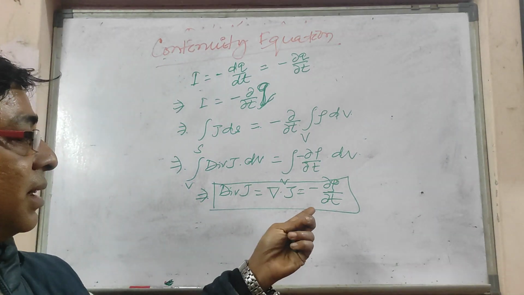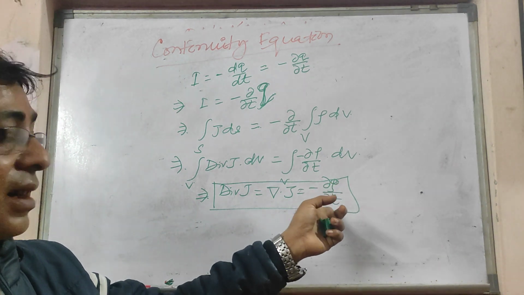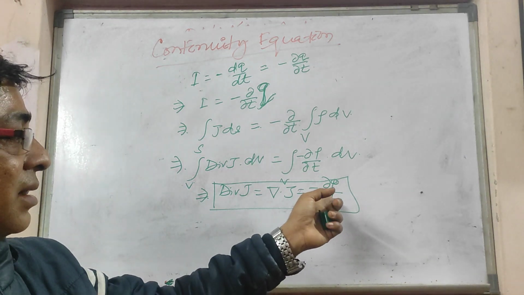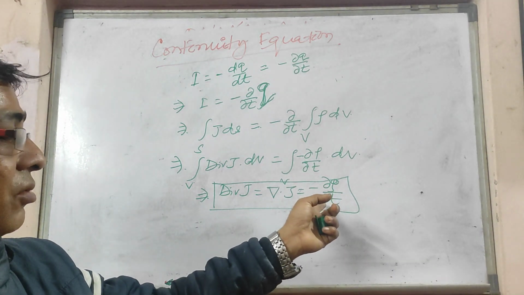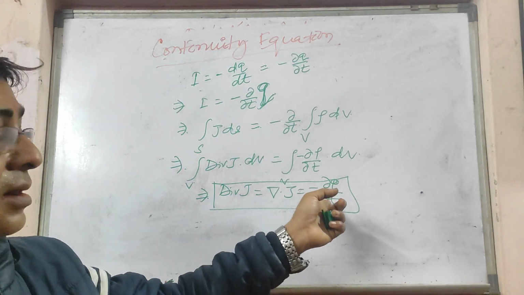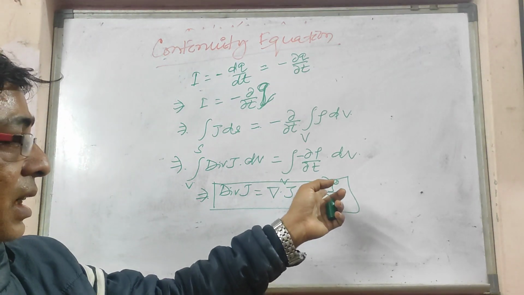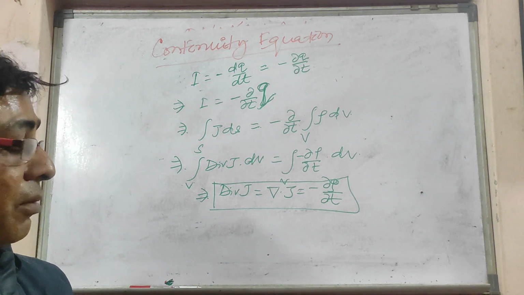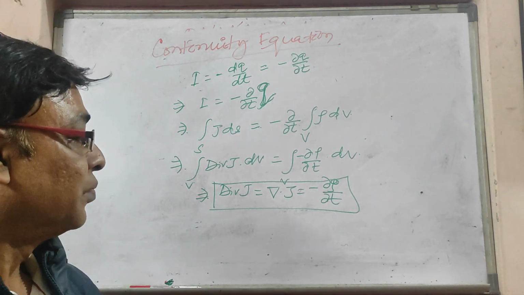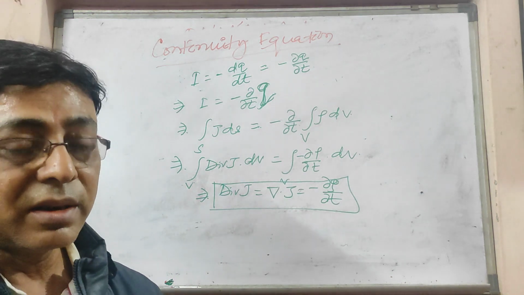Now what it represents is that the time varying charge establishes a current. Wherever the time varying charge is existing, it will circulate a current in that particular circuit or area.